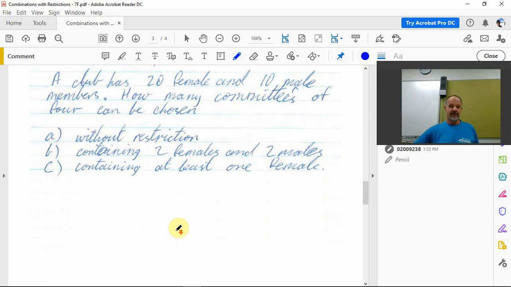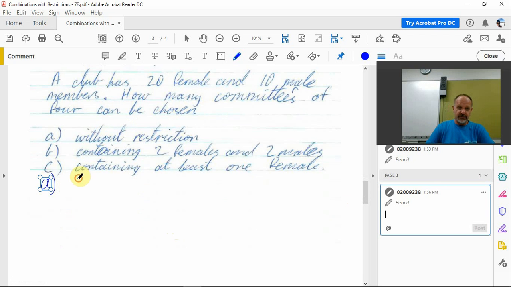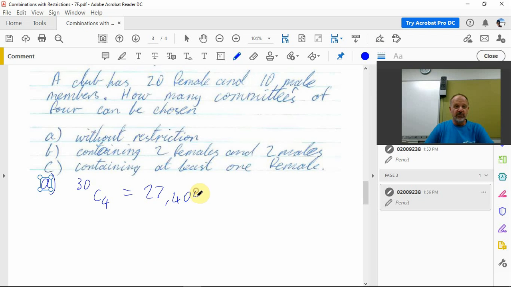All right, so let's have a look at some solutions. If there's no restriction for A, we've got 30 people, and we're choosing 4 for that committee. And there's 27,405 different ones, because I've prepared one earlier.